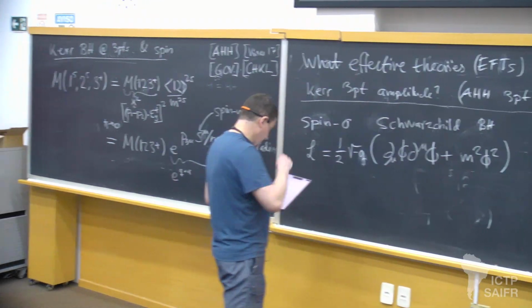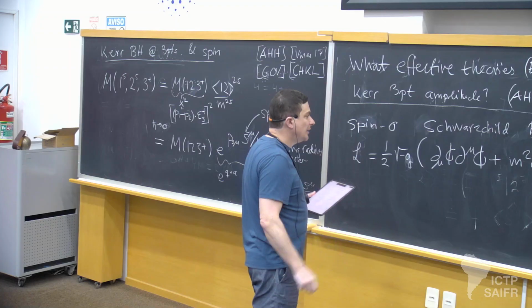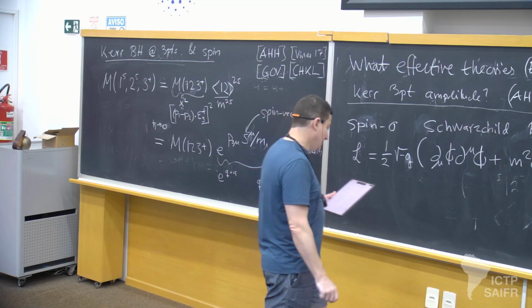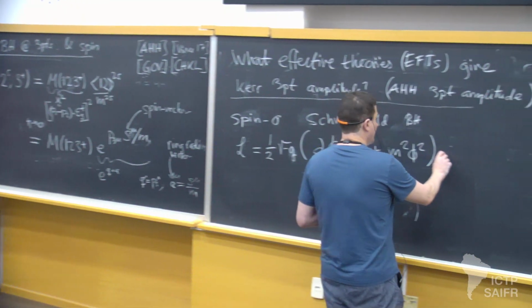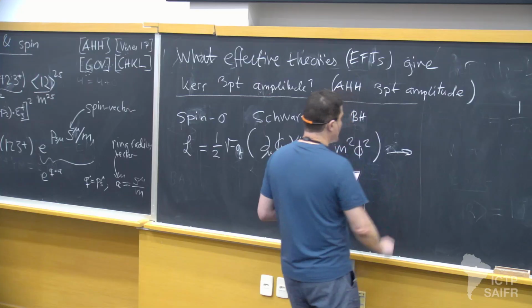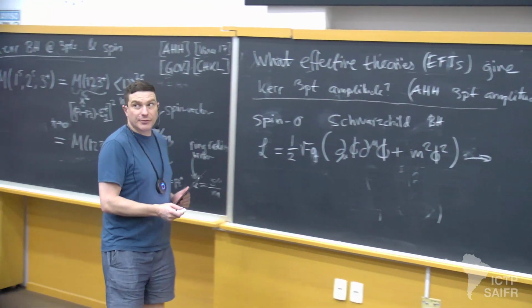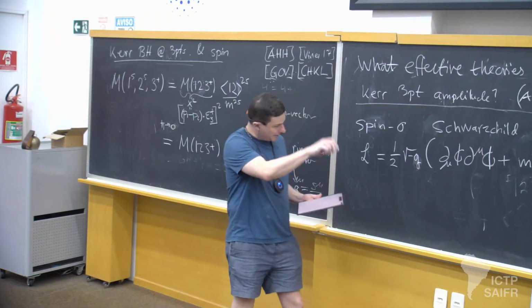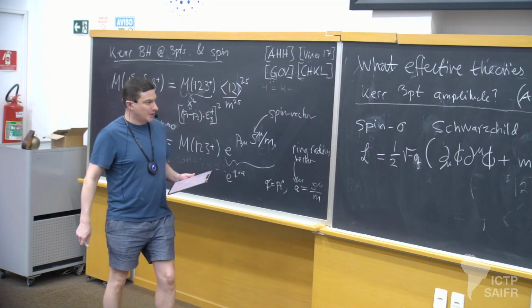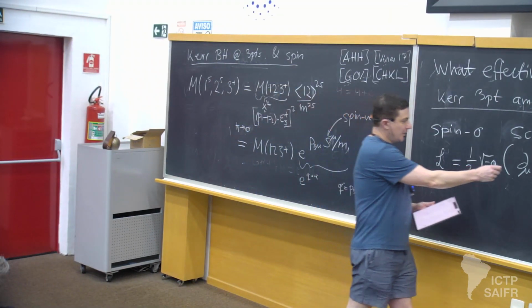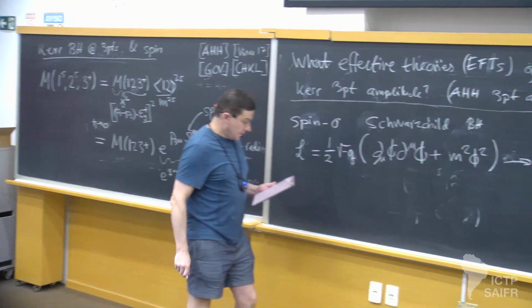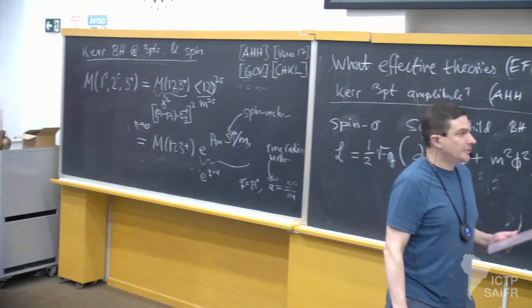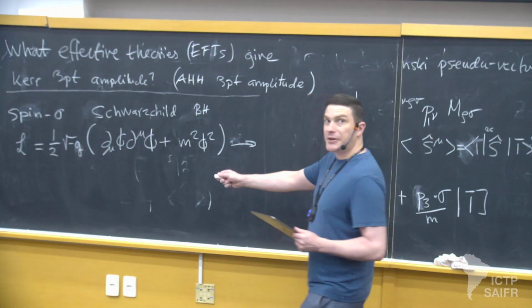Let's try to show that. We can extract the 3-point vertex from this Lagrangian. Obviously, this is coupled to GR, but I don't write out the Einstein-Hilbert term. Here you have to use the metric, so let's look at the term which is linear in the metric.